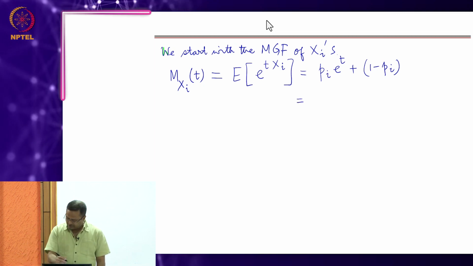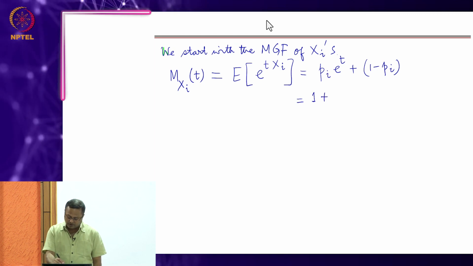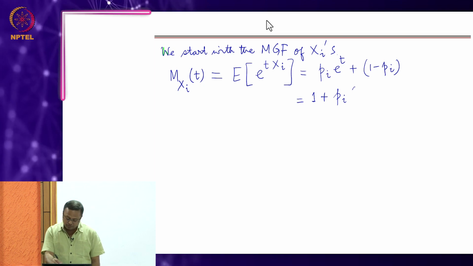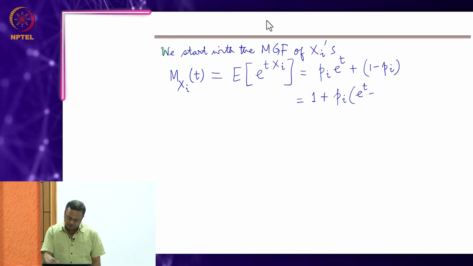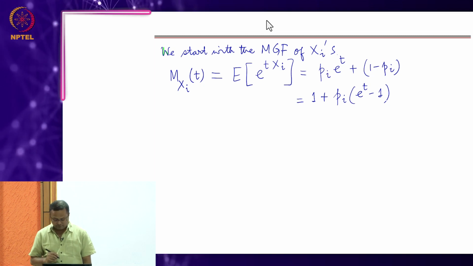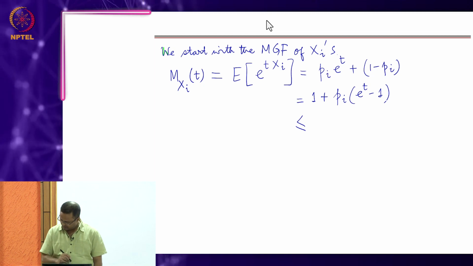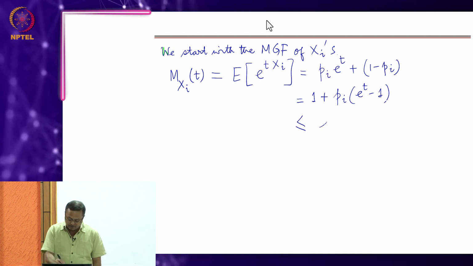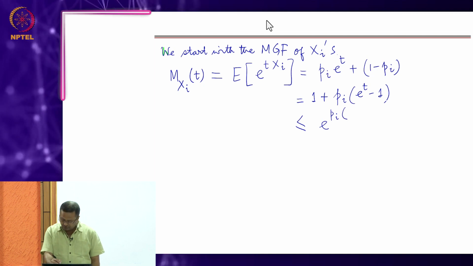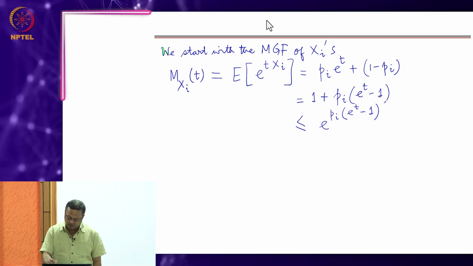Now, do a little bit of algebra, simplification. So, get 1 out, 1 plus pi into e to the power of t minus 1. This I can write as e to the power of pi into e to the power of t minus 1.